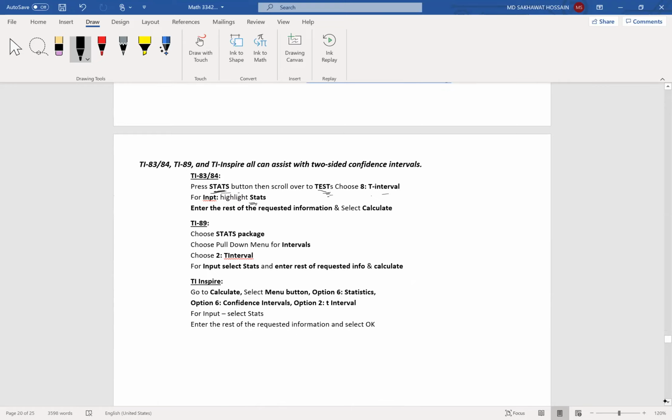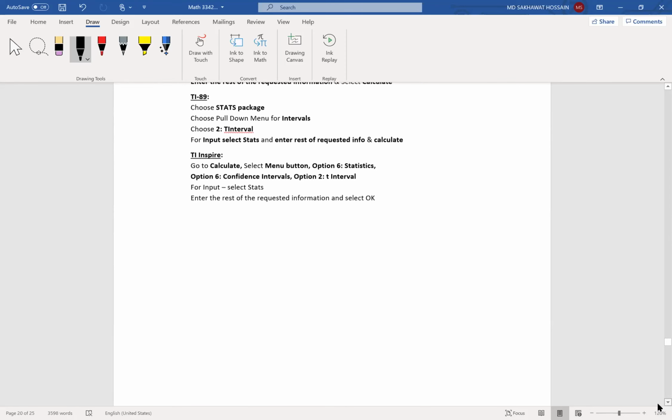You will be asked for the sample size, the alpha value, and to determine the side, whether you are constructing the T interval for one-sided or two-sided. So here is the instruction to use the calculator to find the confidence interval.